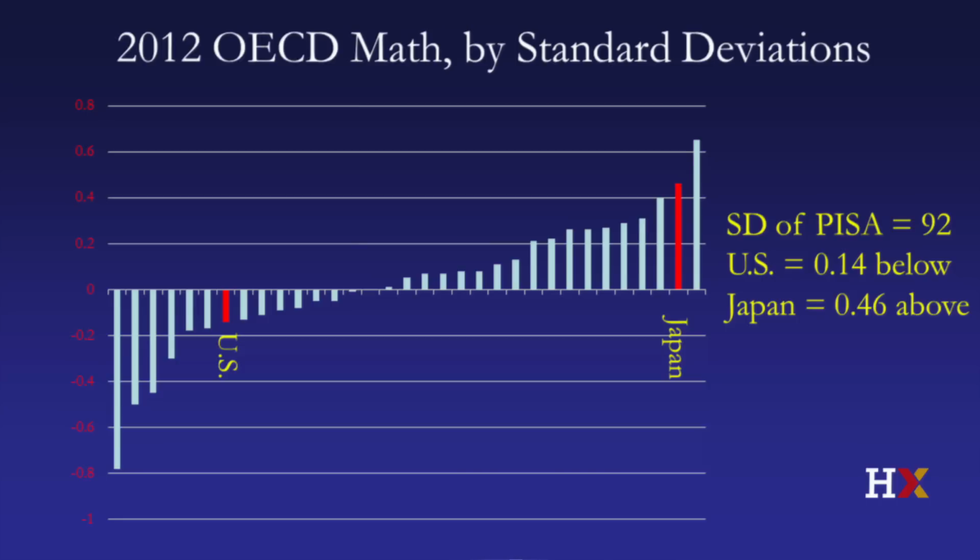From that you can say the Japanese scored about 60% of a standard deviation better than the average student in the United States.